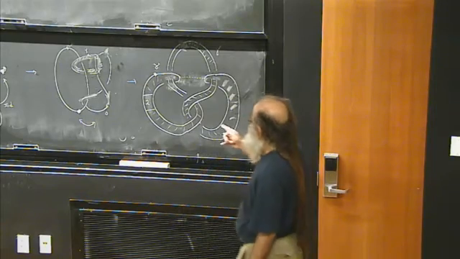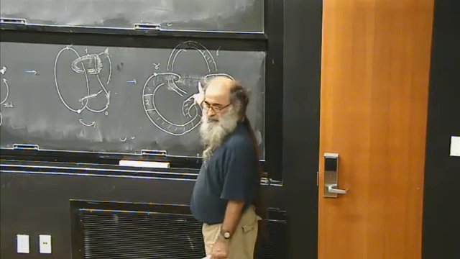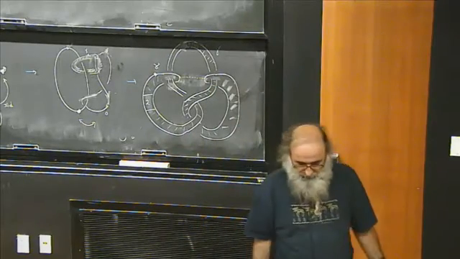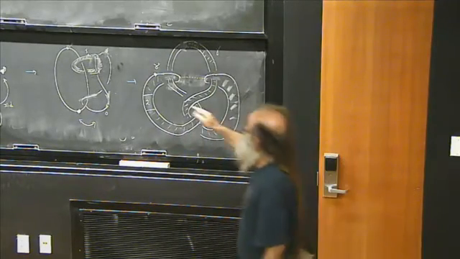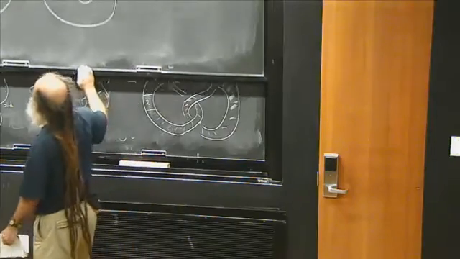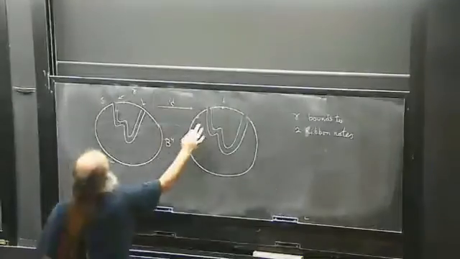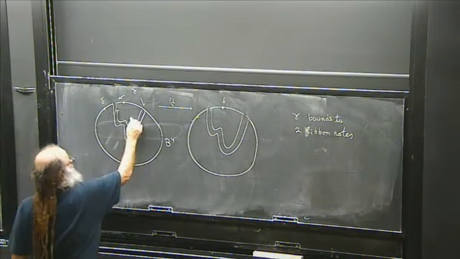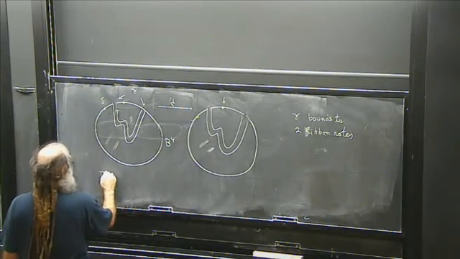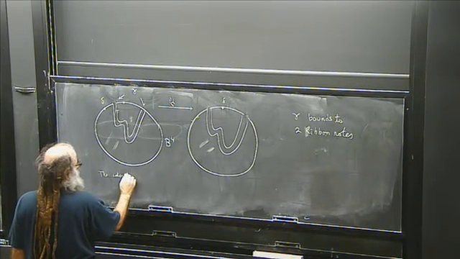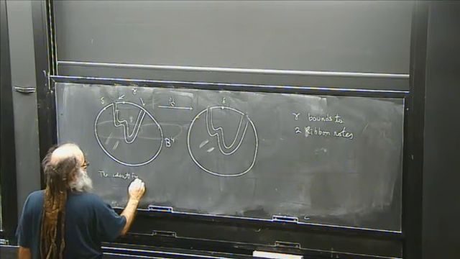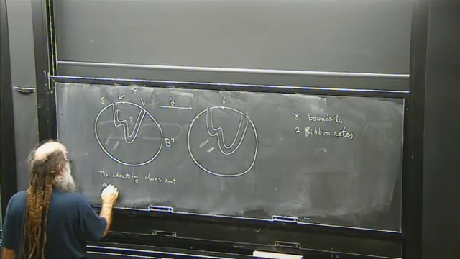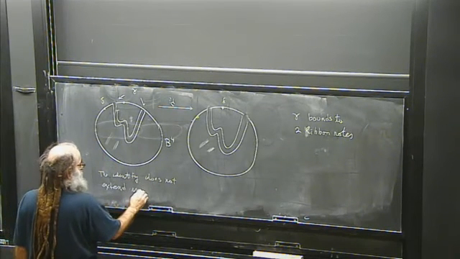You only see the difference when you put a dotted line here, and a dotted line there, you make a ribbon knot. So the inside of the ribbon, the identity, it just says that identity does not extend inside. You can carve in here the identity. Does not extend inside.